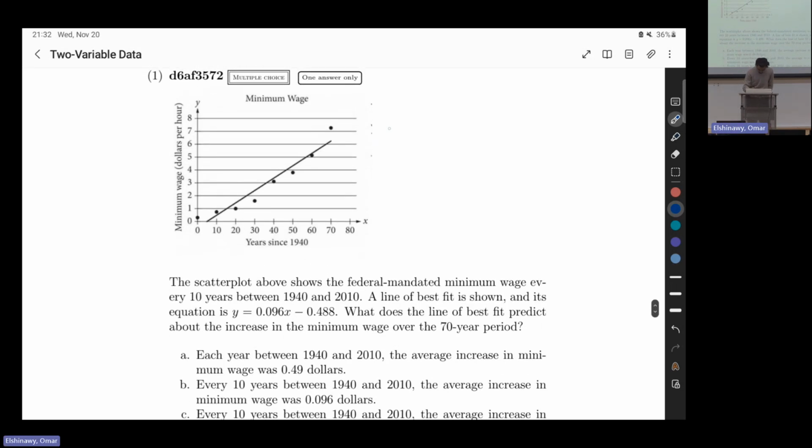What do we have here? It's an equation. Y is equal to 0.096x minus 0.488. Now, with word problems like this one, it's a good question to ask yourself what x and y are in this position. Maybe I'll ask you. What's x? So what does x represent in this problem? The years. You mean the change in years?